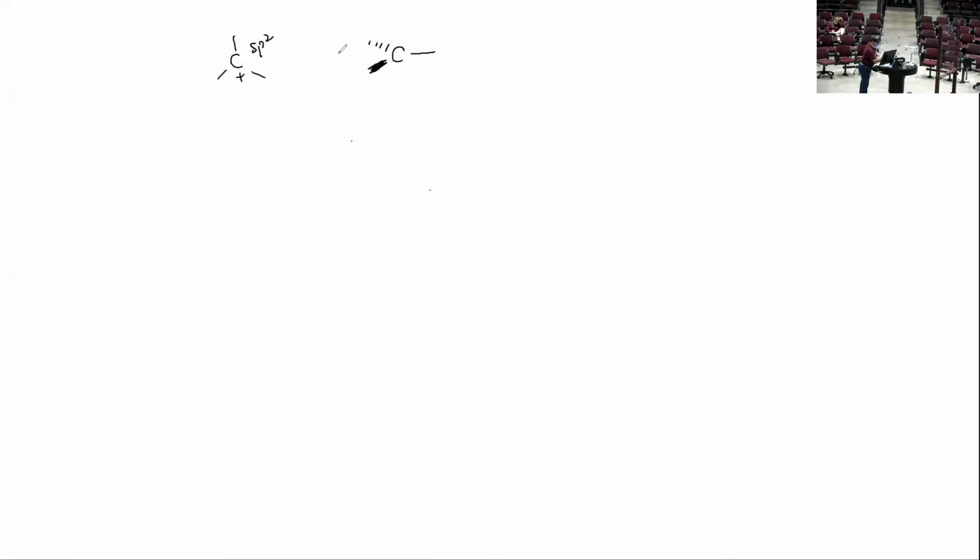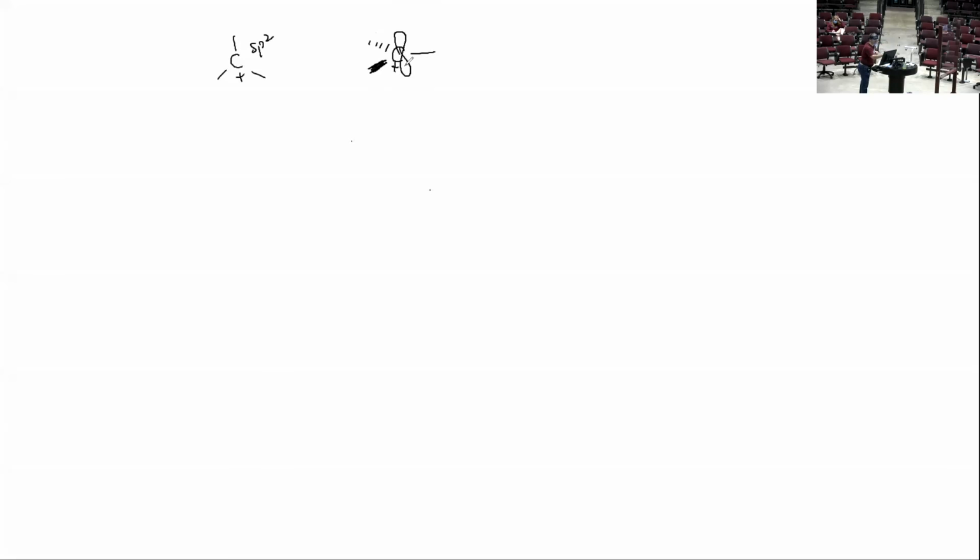And again, I'm implying that anything can be attached to these bonds, can be H's, can be alkyls, anything. But when we turn it on its side like this, what we see is that on that carbocation carbon, we have an unhybridized p orbital.